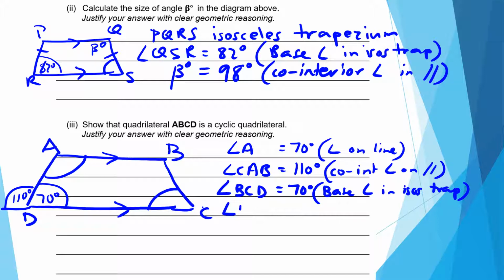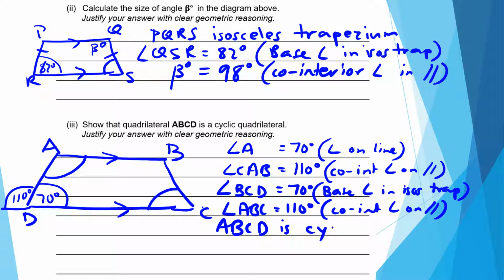And therefore angle ABC equals 110 degrees because they're co-interior. So ABCD is a cyclic quadrilateral. It is cyclic because opposite angles add to 180.